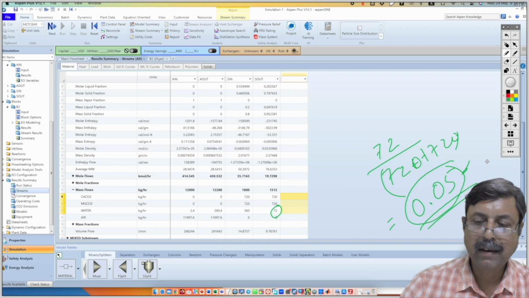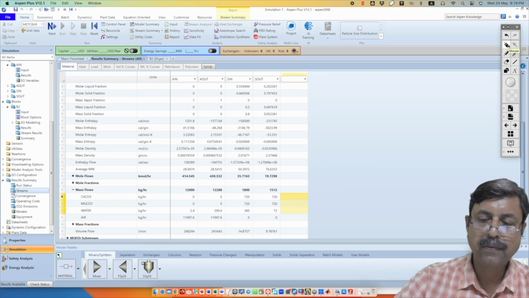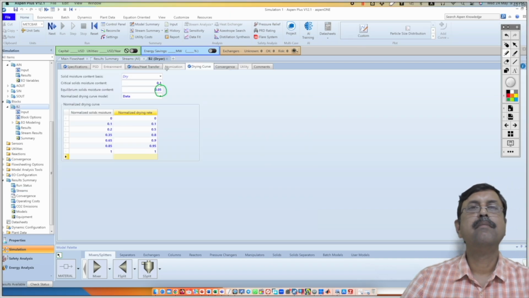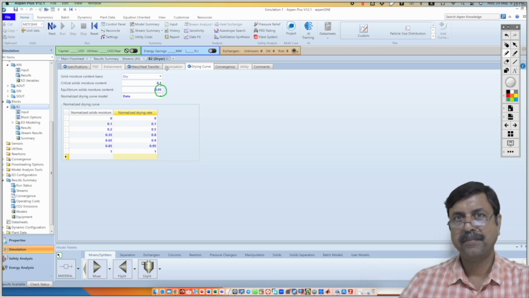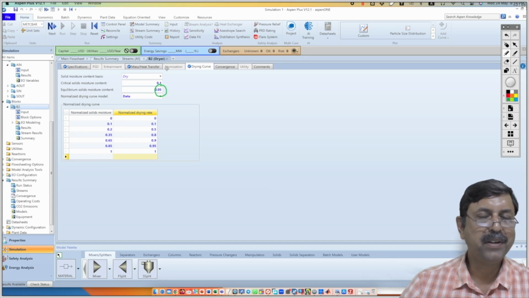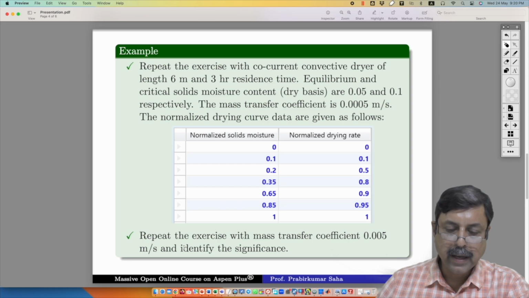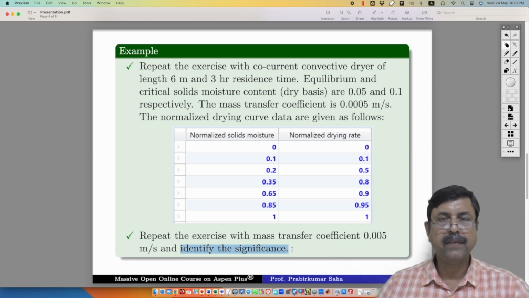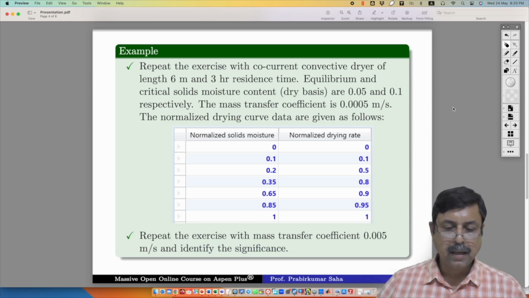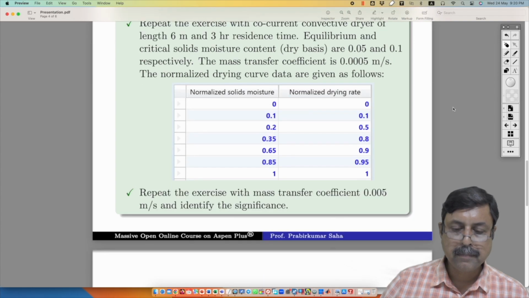Does it ring a bell? 0.05 is our equilibrium moisture content. So really we cannot go beyond equilibrium. The system has come to equilibrium. You really cannot go beyond that. So identify the significance. The significance is the equilibrium moisture content.